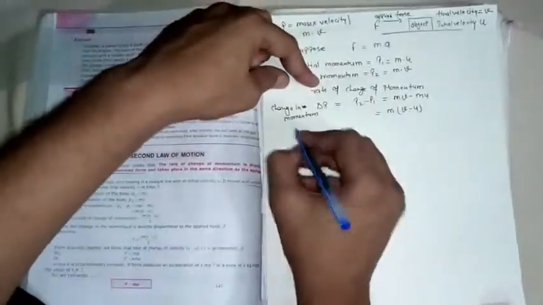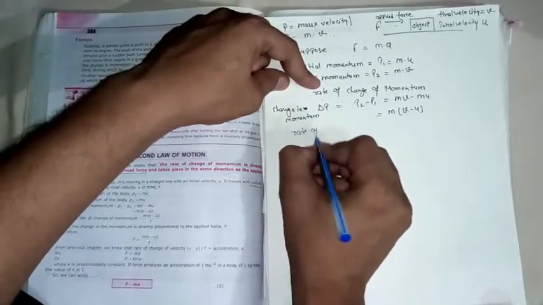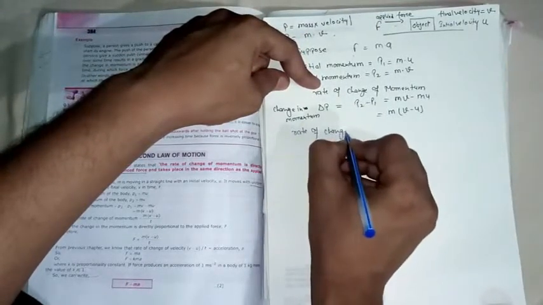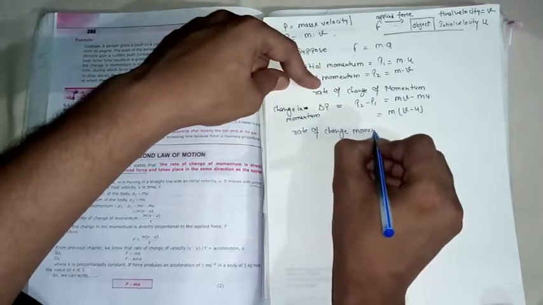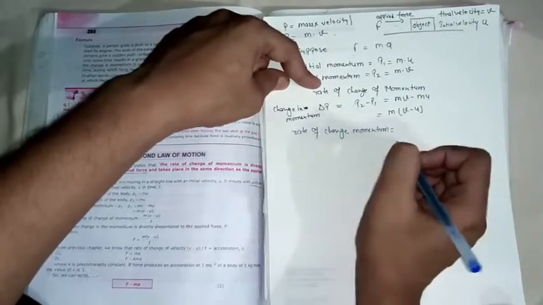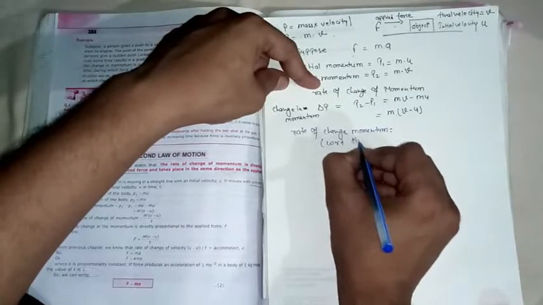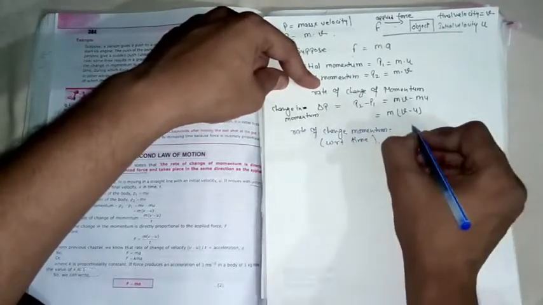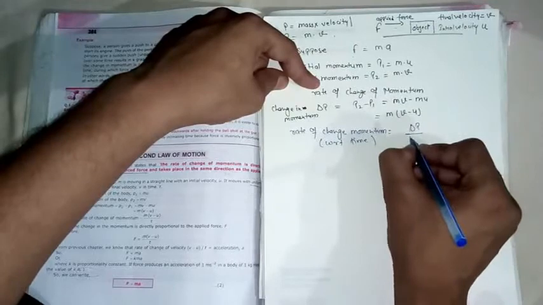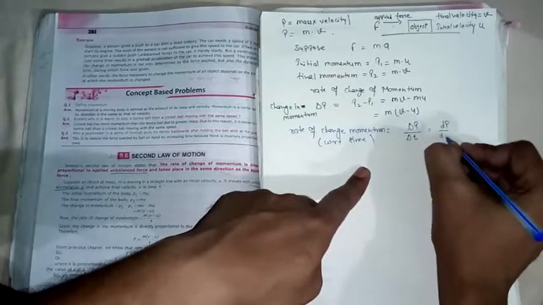Then the rate of change of momentum with respect to time, delta P upon delta t, or it can be written as dP upon dt.